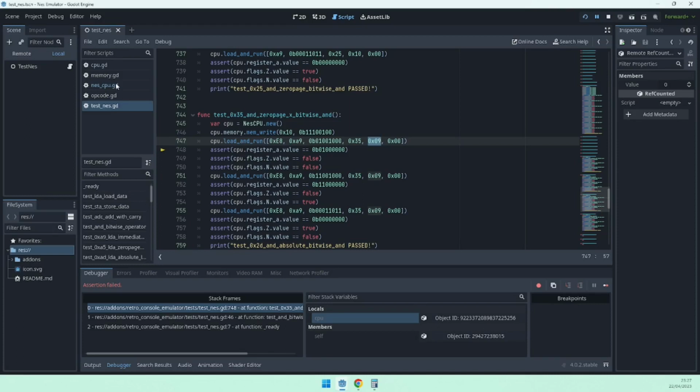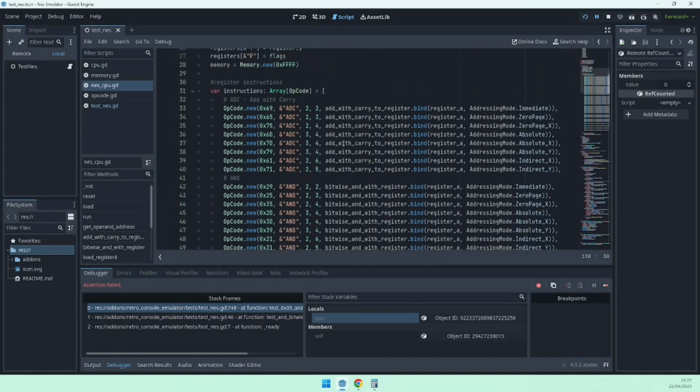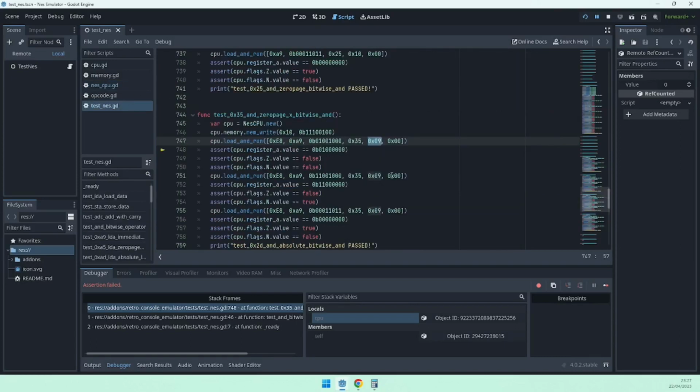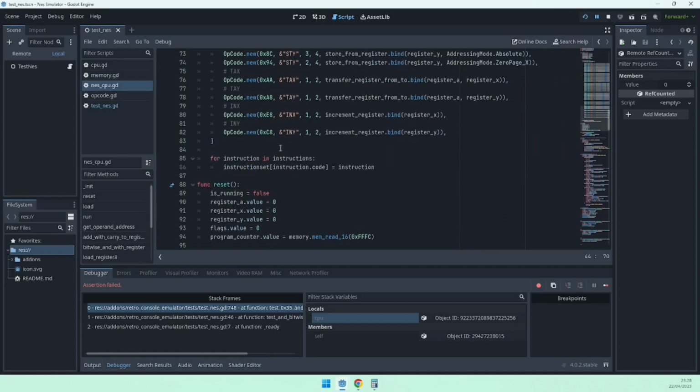Did I do this wrong? $35 is zero page X. Increases X. E8.